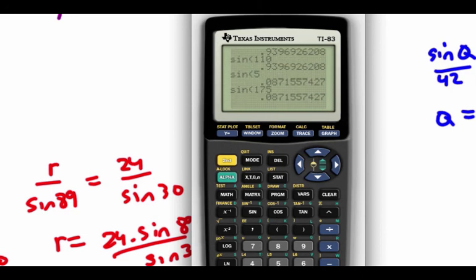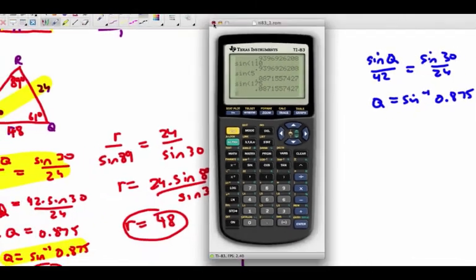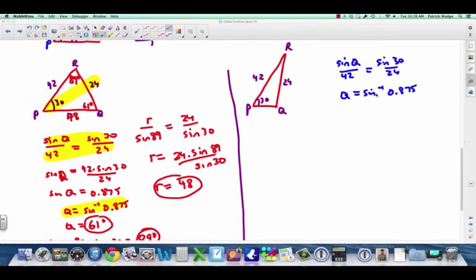So when you get to this point, inverse sine of 0.875, if you were to do inverse sine, it's going to give you 61 degrees. But what you have to do is say, wait a minute, there's no way this is 61 degrees because it's obtuse. So the way you get this angle right here, this angle is equal to 180 minus 61, which is equal to 119 degrees.